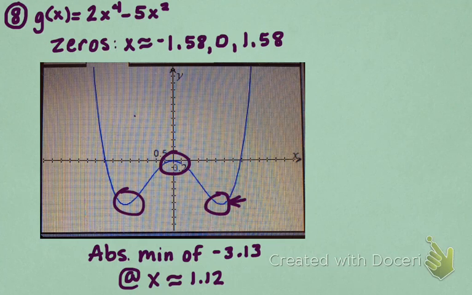Now we are to explain how the graph of g of x is related to the monomials from which it is built. When you completed page 2 of your study guide, you had some pairs of functions to graph and compare.